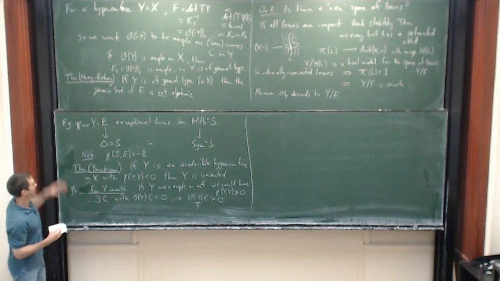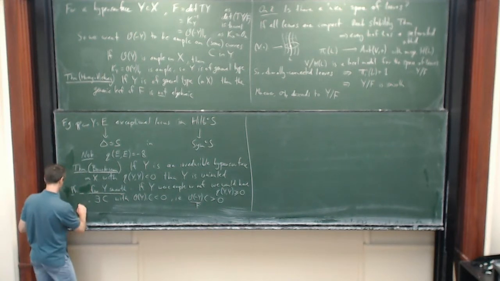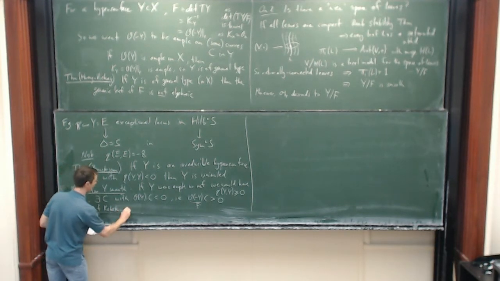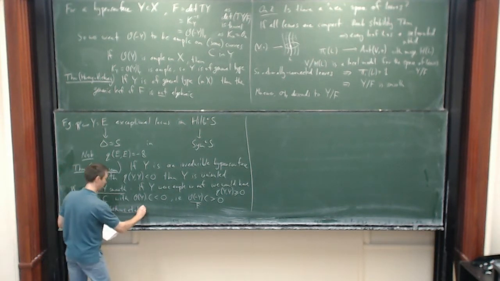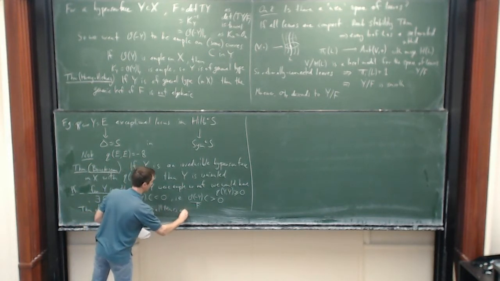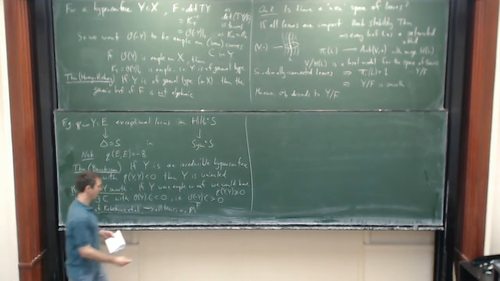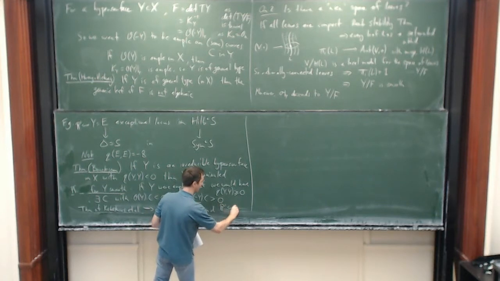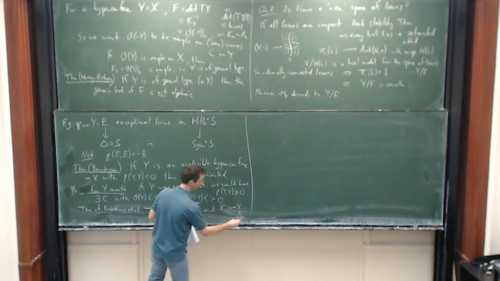And so applying this theorem up here, all the leaves are P1s, and then Y is uniruled over the space of leaves.